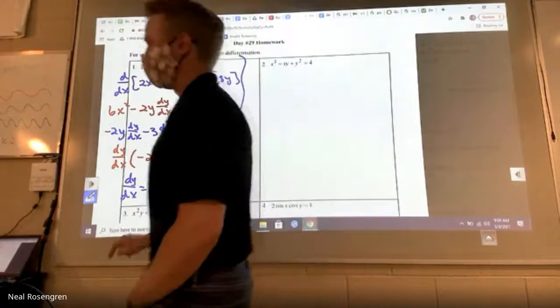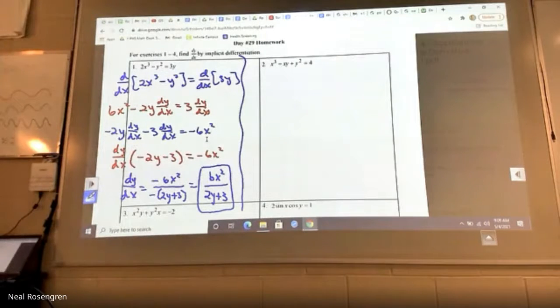There are negatives everywhere, so I just got rid of those. I could have avoided that by moving all of my dy dx's to the right, and then the 6x squared to the left. Either way is fine.